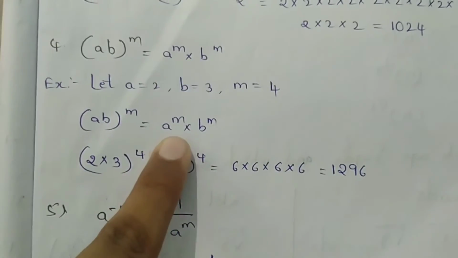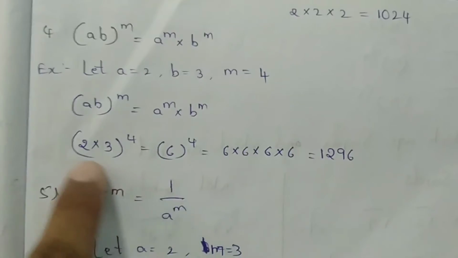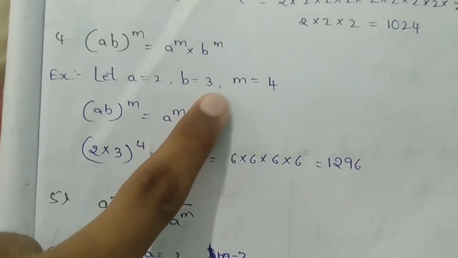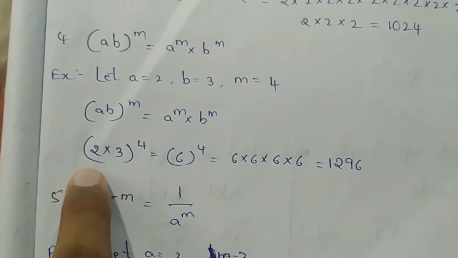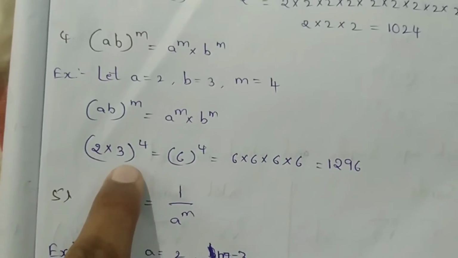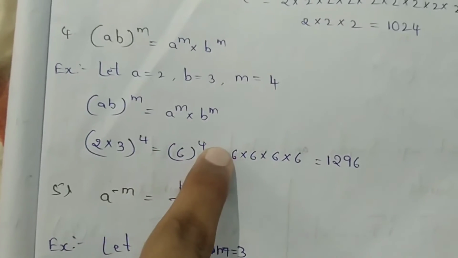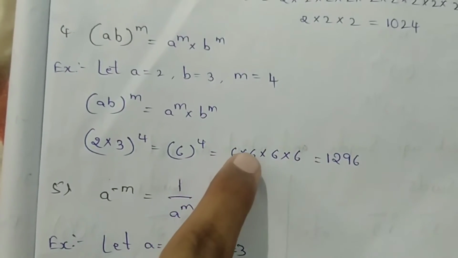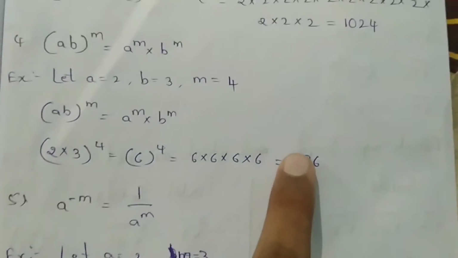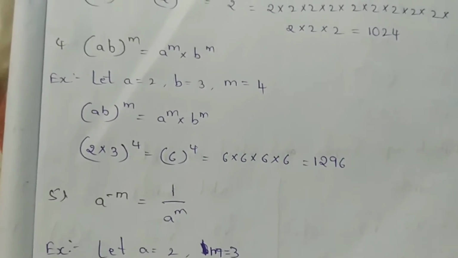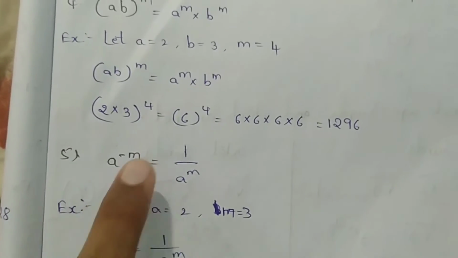AB whole power m is equal to a power m into b power m. AB means 2 into 3, a into b, whole power m means 4. 2 threes are 6. 6 power 4 means 6 into 6 into 6 into 6, which is nothing but 1296.